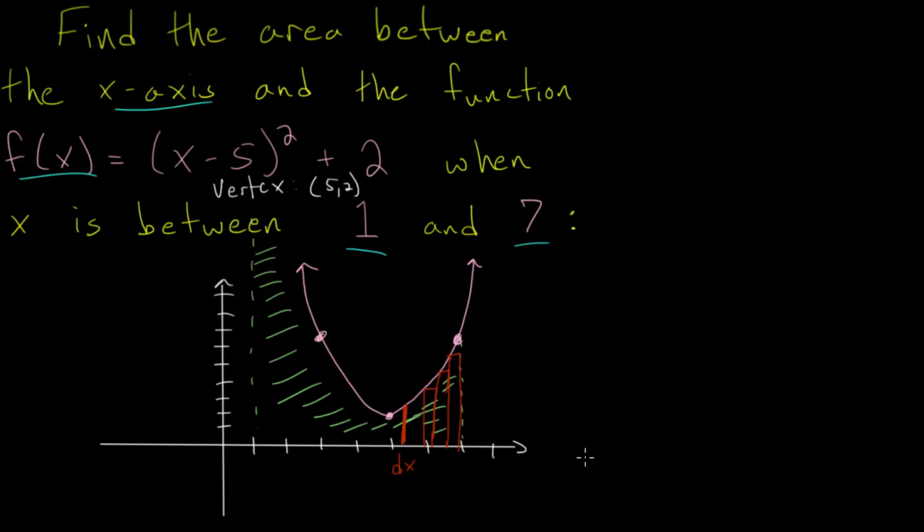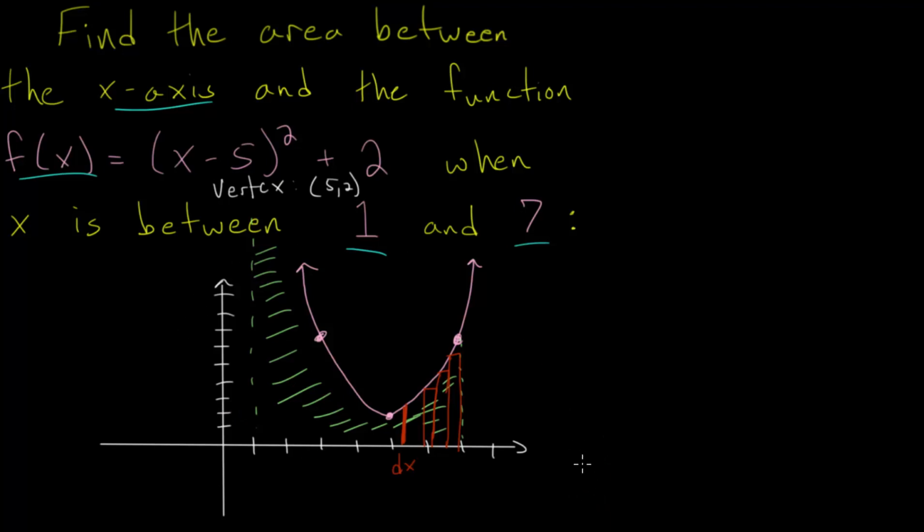That's a very informal idea of what we're doing here. It's a little bit more complicated than that, and we need to be a little bit more careful. But the idea is that we're going to approximate this curvy shape with a bunch of rectangles and then shrink those rectangles down so that they perfectly approximate it, and we get an exact answer. Then we have to add up all of those rectangles to find the total area.